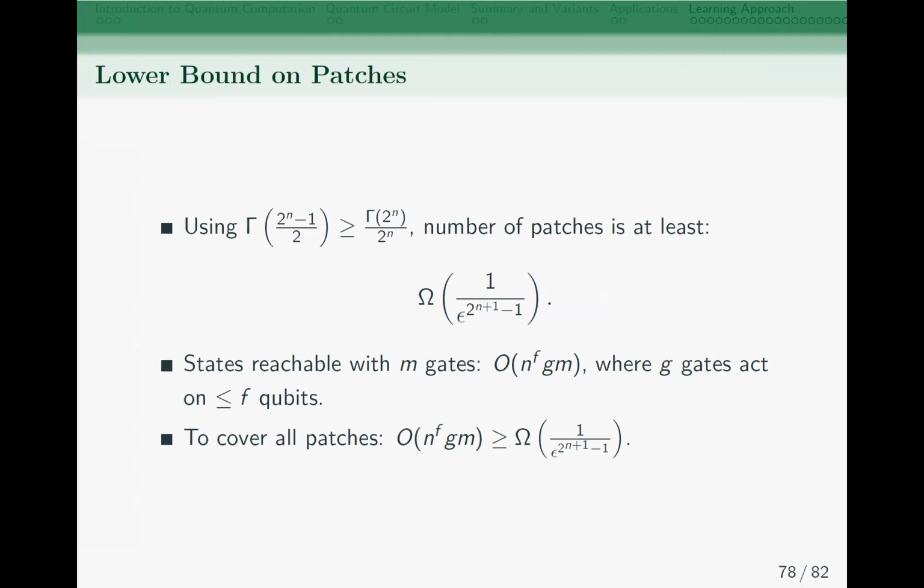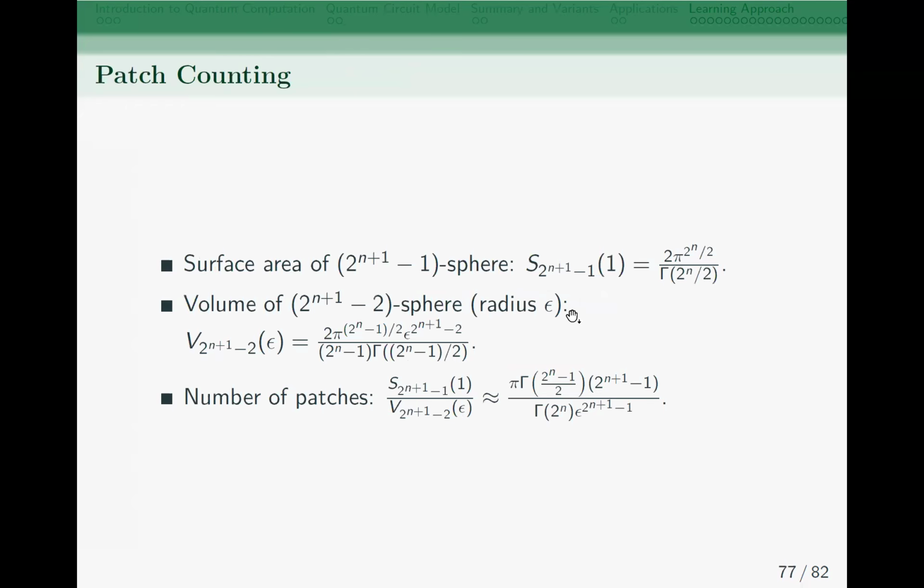So the proof basically uses a result about the volume of an n-dimensional sphere. You use the volume of the n-dimensional sphere, and you can count the number of patches by computing the surface divided by the volume of the ball.